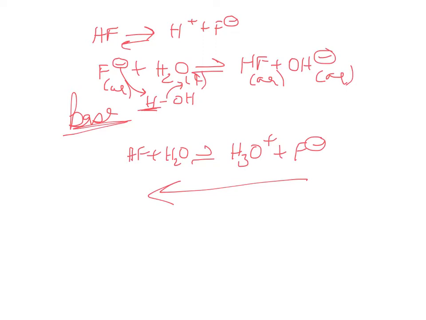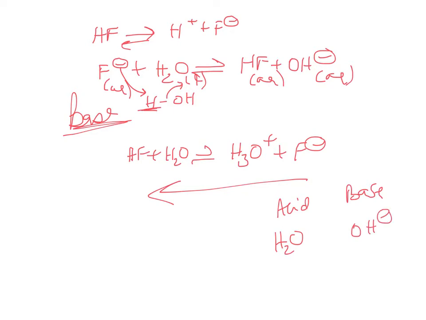So one can perhaps envision that weaker is the acid, stronger is the conjugate base. So if you have HF as an acid, it's going to have a stronger base. On the other hand, if H2O is your acid, the base, if you remove the proton, is going to be OH negative, right?